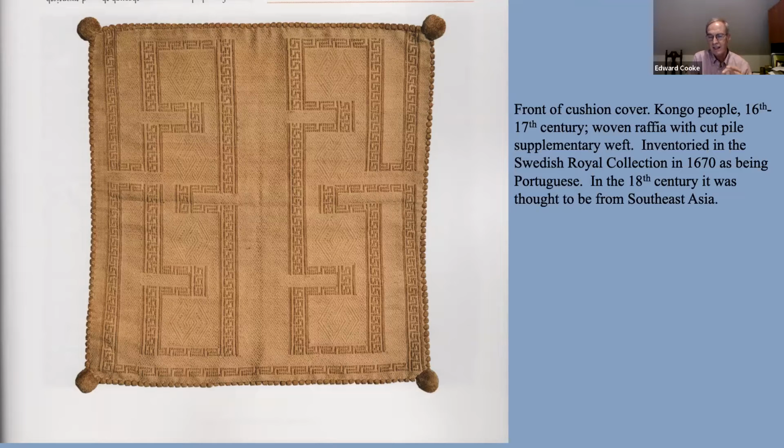It was thought of as the finest cloth equal to anything being produced in Europe, but within 100 years, it's inventoried as being Portuguese, and then it's from Southeast Asia. So it's never really identified with West Africa until only recently again. So there's that great gap of a misunderstanding of materials and the possibilities of materials.